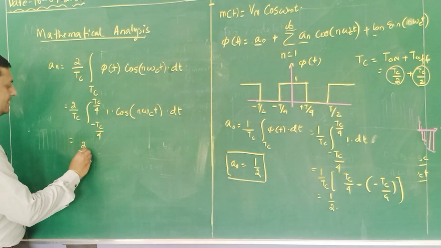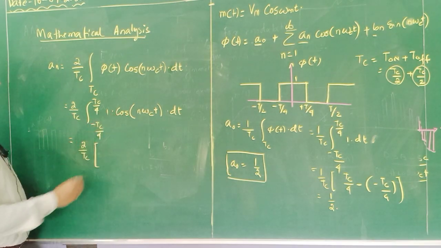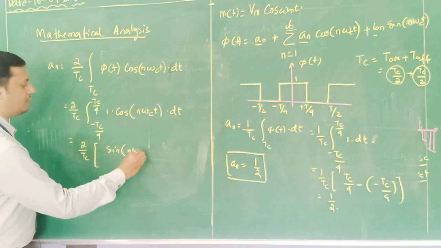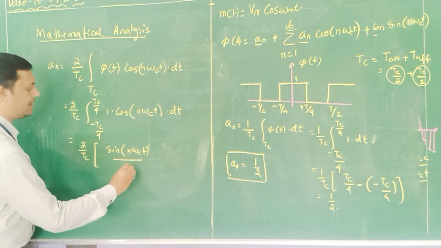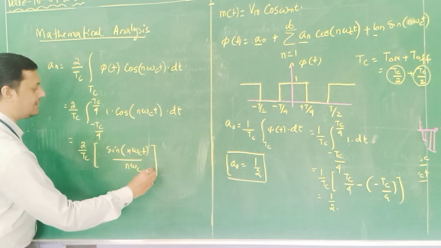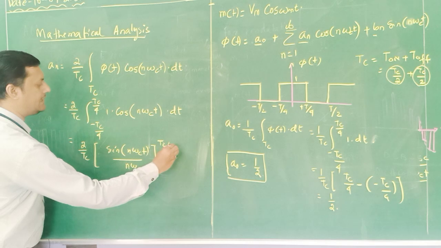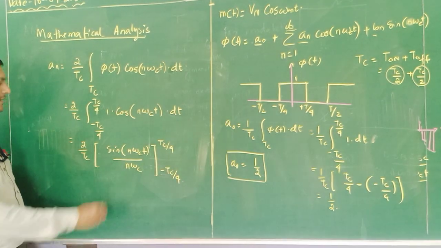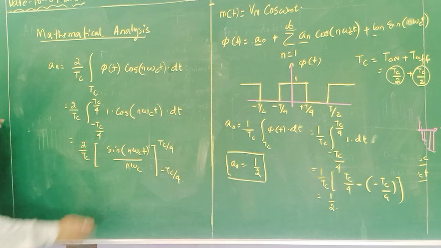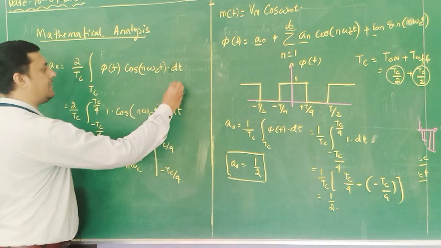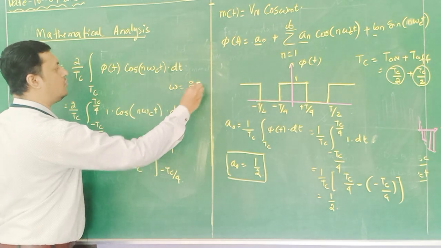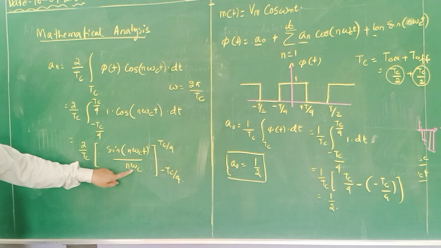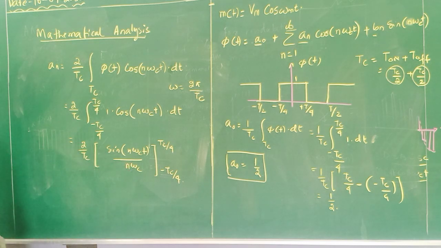So 2 by Tc, cos integration is sin n omega ct divided by n omega c, and the limits are Tc by 4 and minus Tc by 4. If you solve this, in place of omega c, you can substitute 2 pi by Tc. So if you substitute 2 pi by Tc, this Tc will be cancelled out.